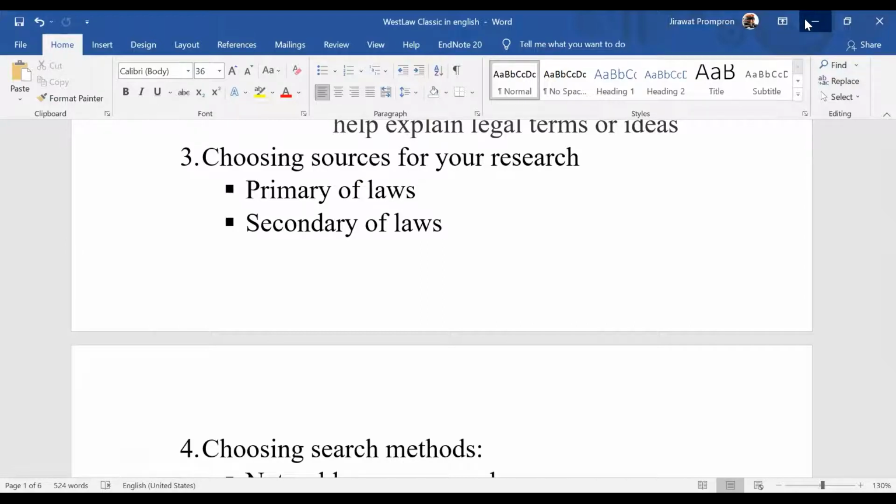If you are new and have never used it before, start with the easiest way to get information related to your legal topic. So I just follow Westlaw. Just click here, secondary sources.